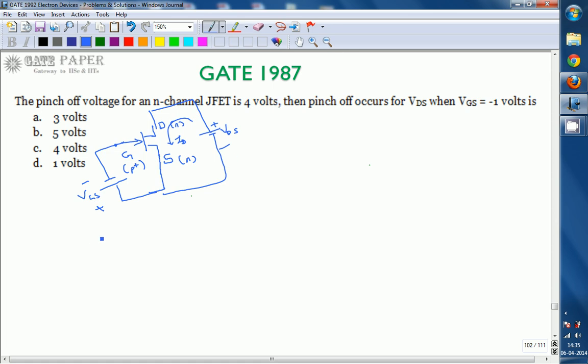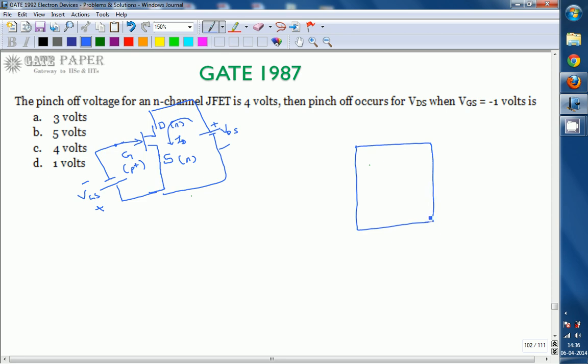Let us assume this is the JFET constructional view. So this is the JFET construction.